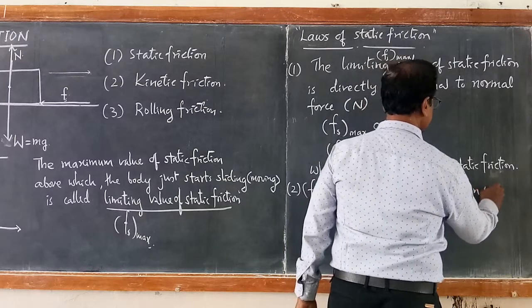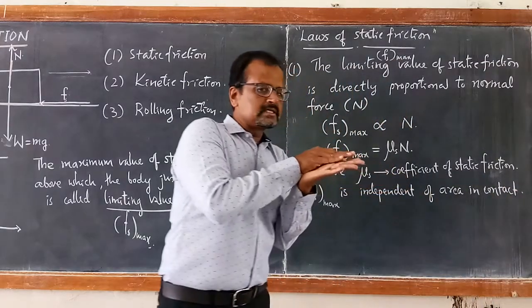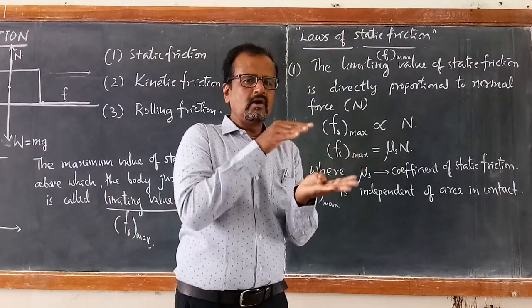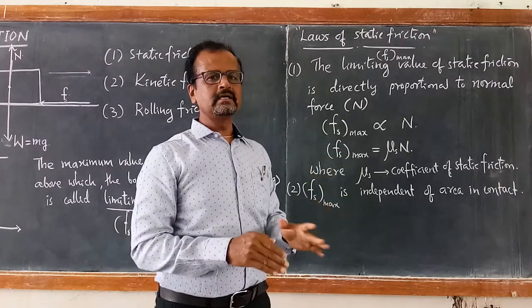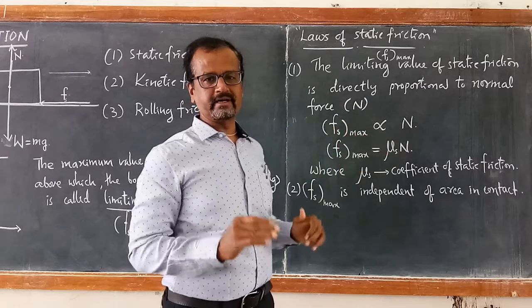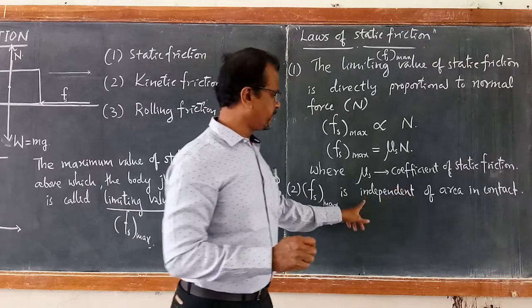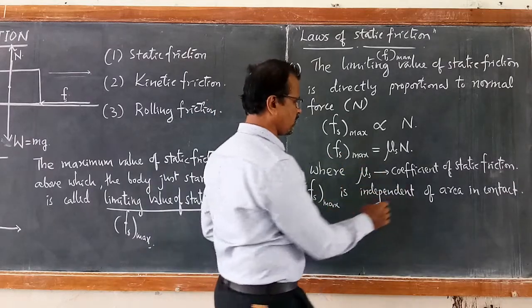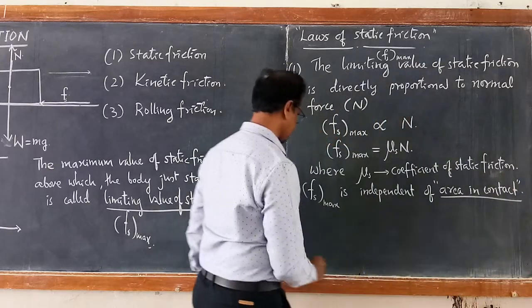Whether it is a larger surface area in contact or a smaller surface area in contact, Fs max does not depend on the amount of surface area in contact. I think you got it.